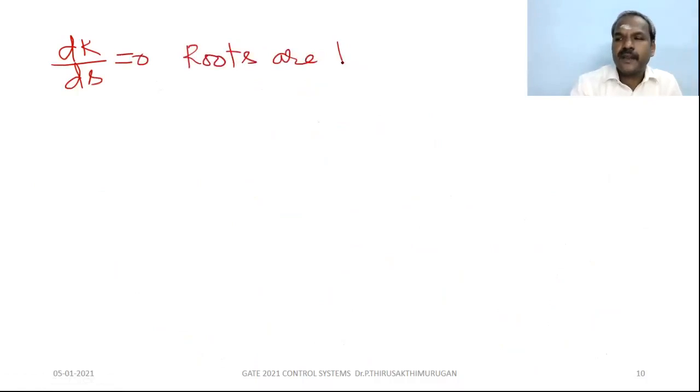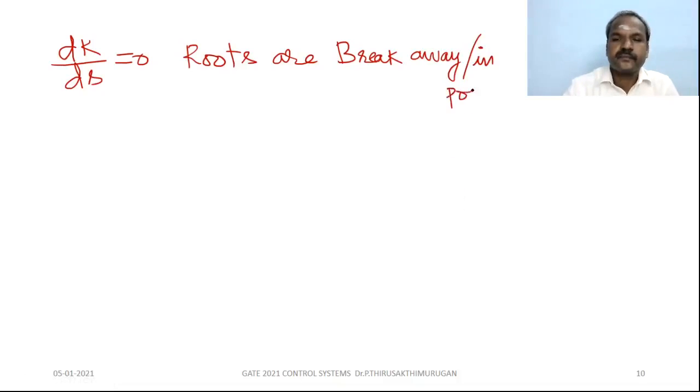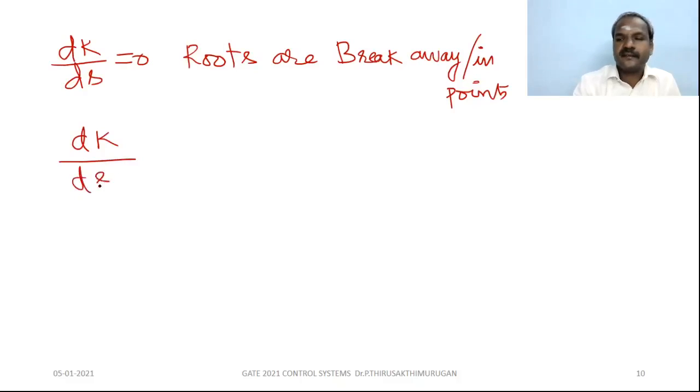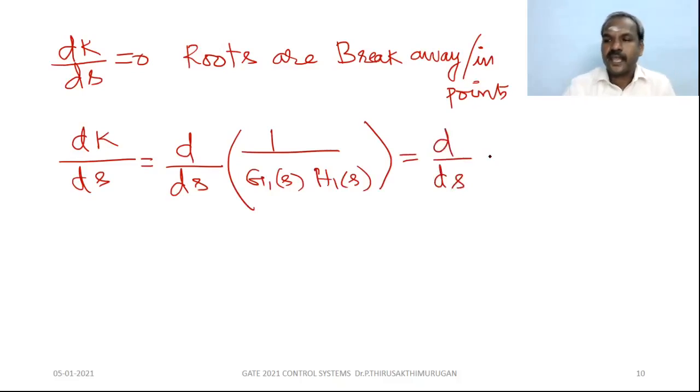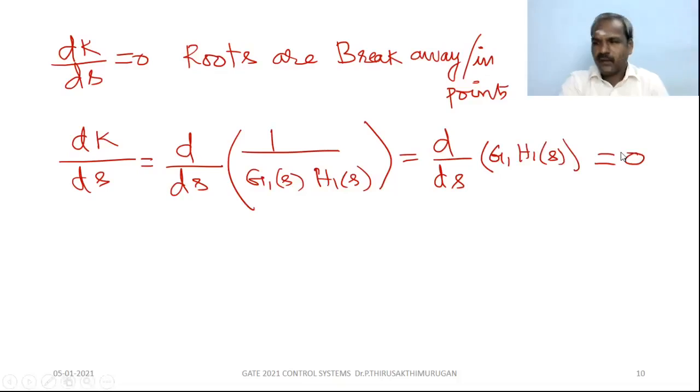The roots are breakaway or break-in points. dK/ds equals d/ds of 1 by G1(s)H1(s), which is equal to d/ds of G1(s)H1(s) equal to 0. So this equation is a necessary equation.